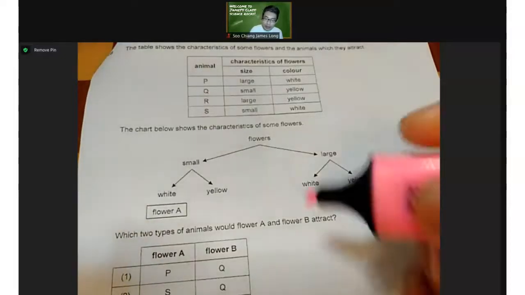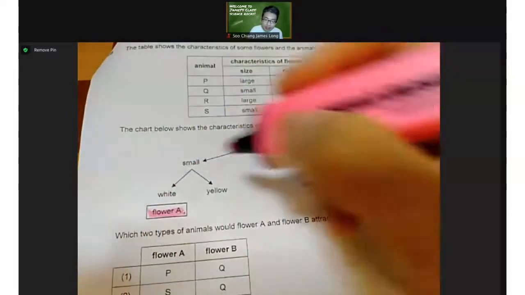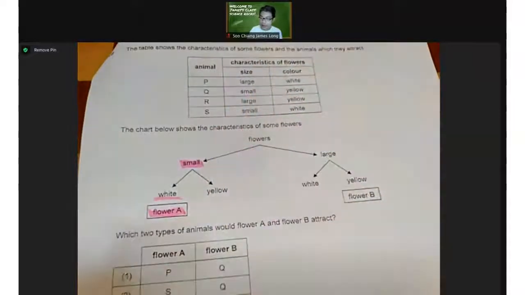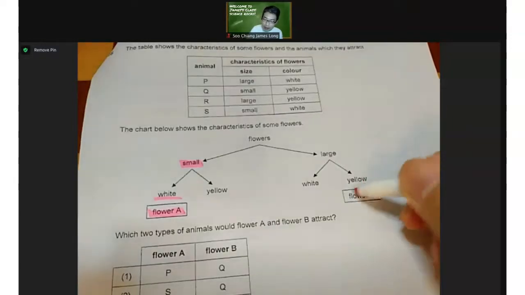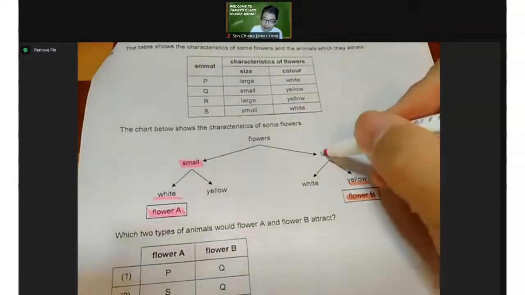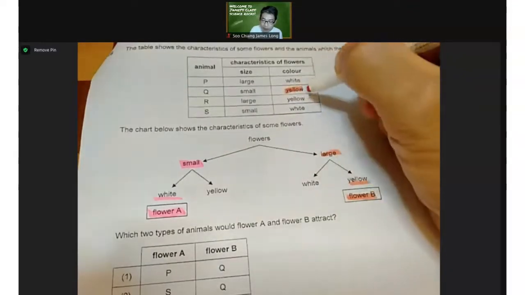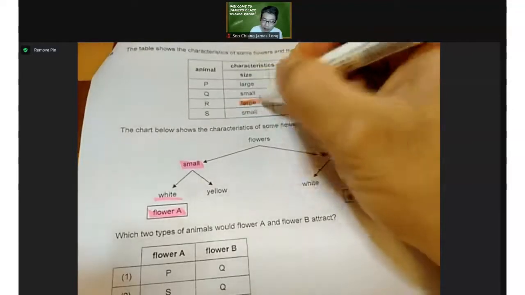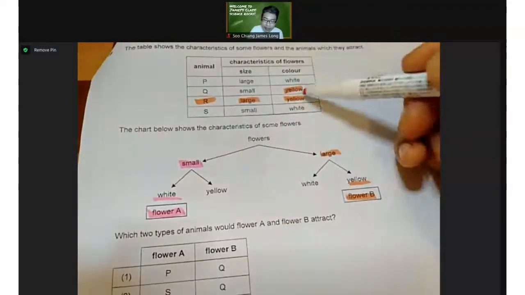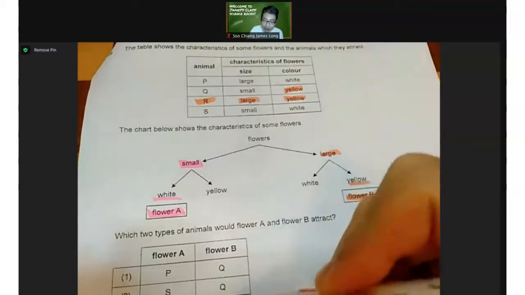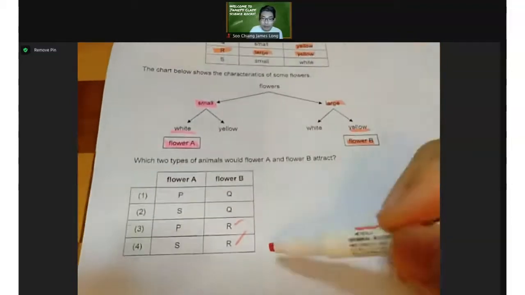So flower A is white in color. It is small. Whereas flower B is yellow in color and is large. Let's take a look at flower B, yellow and large. Yellow and large attract animal R. So flower B attracts animal R. One of these 2 options.